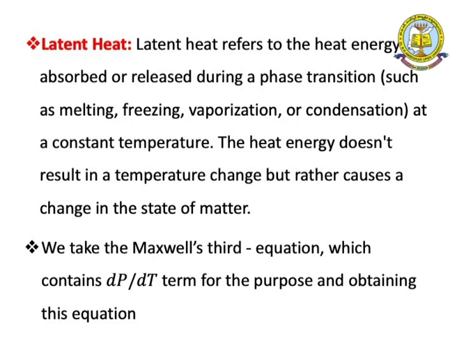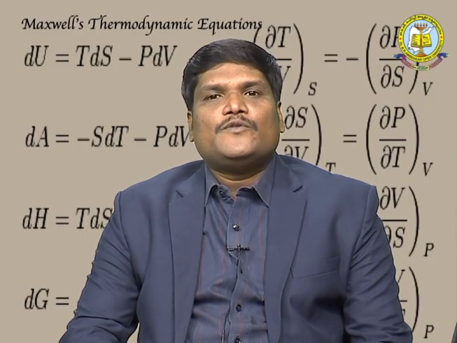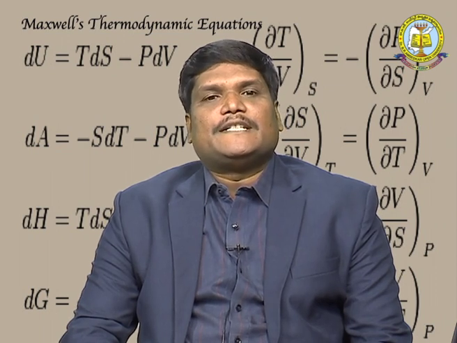This takes place at a constant temperature. The heat energy does not result in a temperature change, but rather causes a change in the state of matter from one state to another. Okay. So there you have to refer to the latent heat.